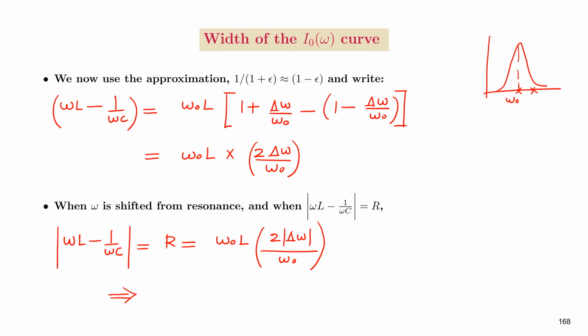From where we can write 2 times delta omega divided by omega 0 equal to R divided by omega 0 L, which is equal to 1 over Q.